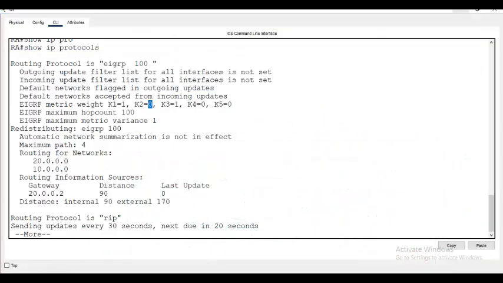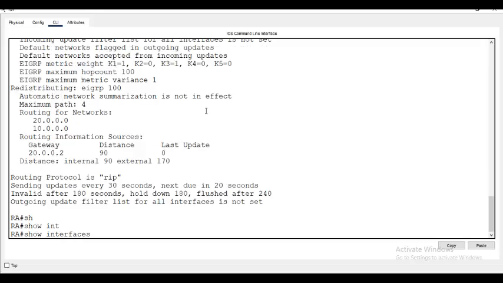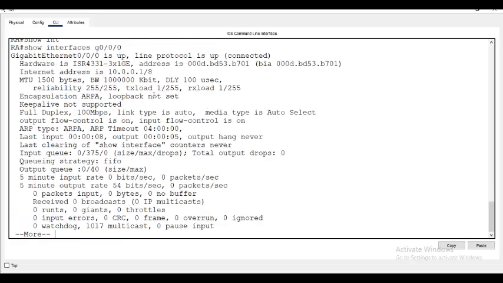But if they ask you a question, can we make them consider MTU? Why not? Yes, you have an option. But if you do it on one router, that's not enough. You have to go and do it on every router. You see, by default on every router, these two are on. Now, if you go on only one router and say consider MTU, what will happen? The other routers will conflict.